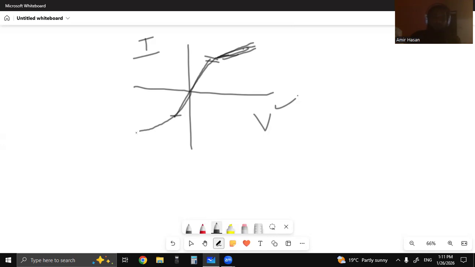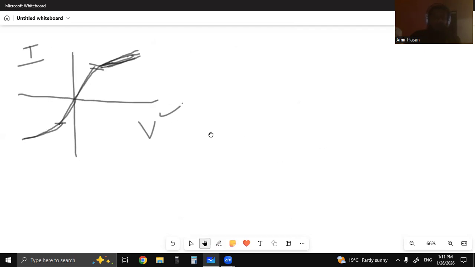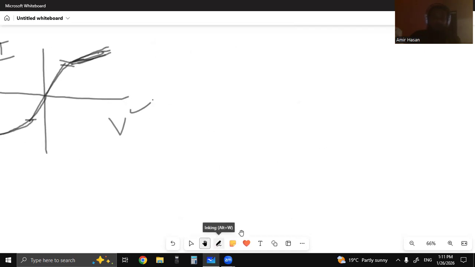You can check this between the current and voltage. Check the negative side of the graph for both x and y values, and on the positive side. The graph shows that for some part of the current and voltage, it obeys Ohm's law, but after that it does not obey Ohm's law.